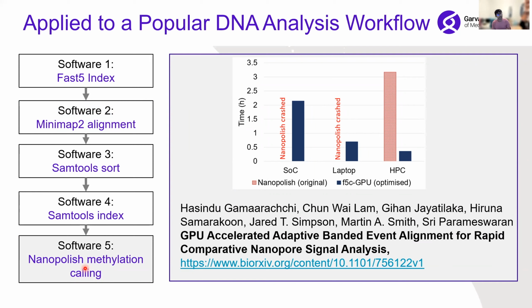So we restructured this whole thing, rewrote the framework, and also did some GPU optimizations, and we were able to bring this bottleneck to a very good level. There was a huge performance improvement.